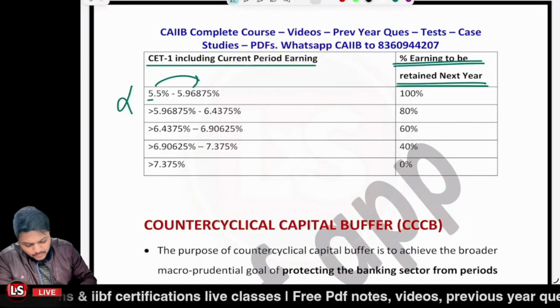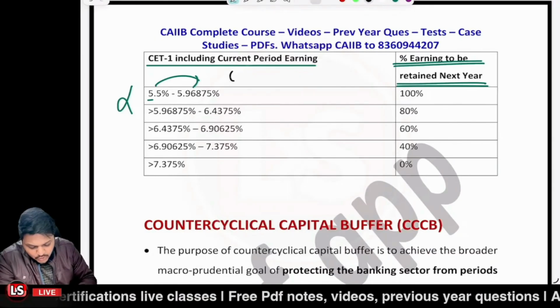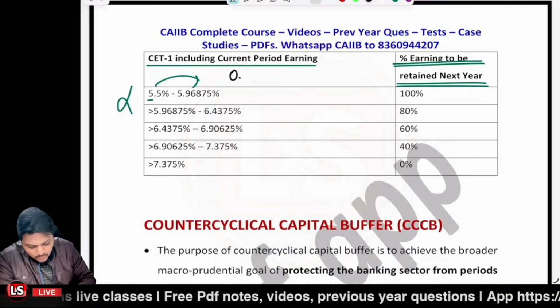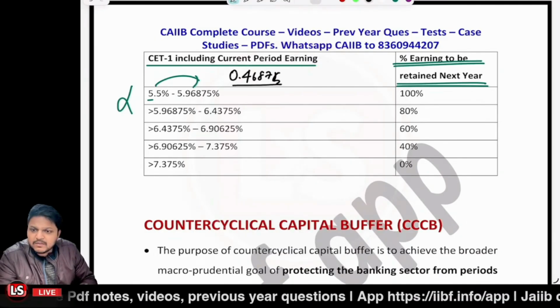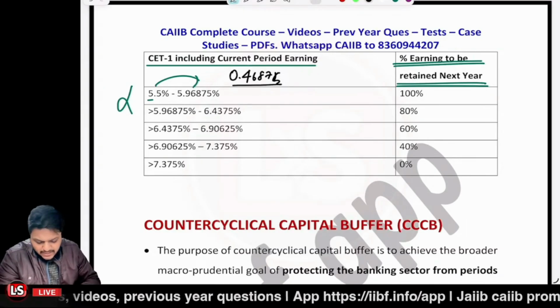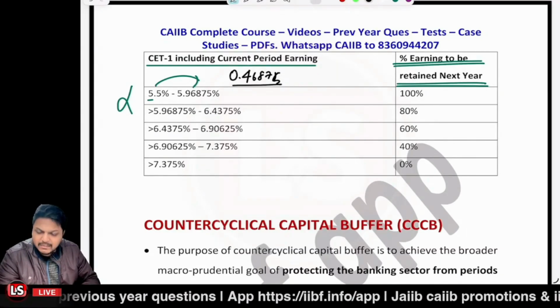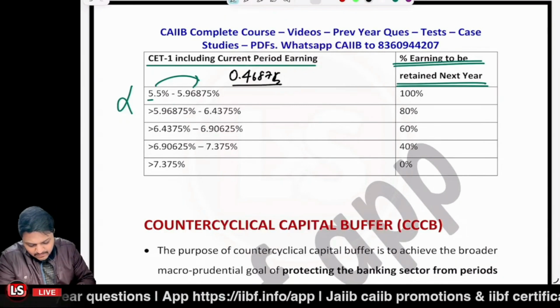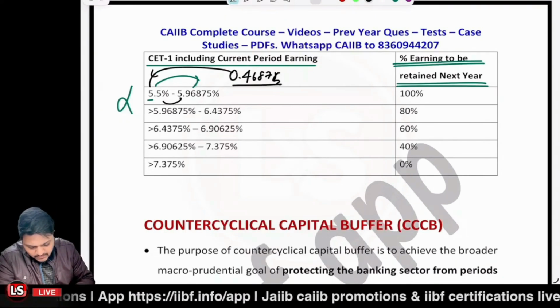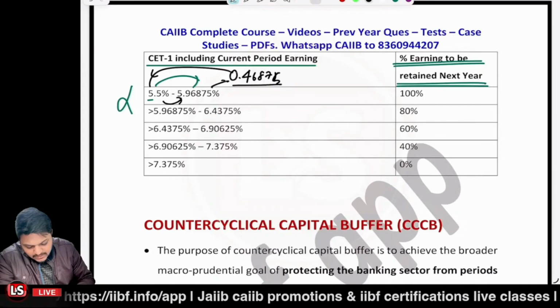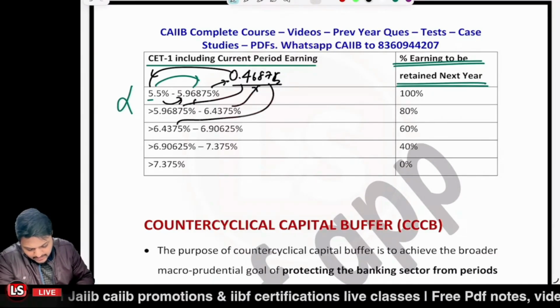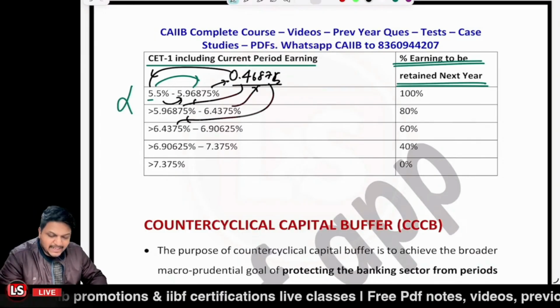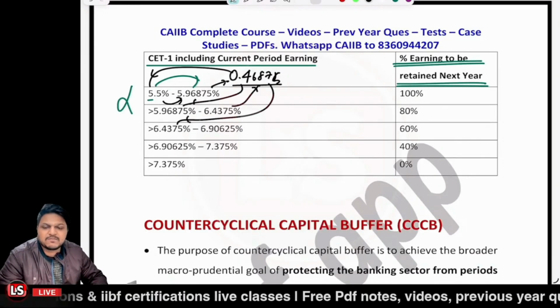So that is the point that I'm going to explain, that you should memorize 5.5 and 0.46875, and using this term just add on to the last one and you will be able to form the complete table, right? We will be adding this term to the first one and you'll get this one, and further this term will be added to this one and you'll get this value, and so on, right? And you can prepare the complete table that is mentioned over here.